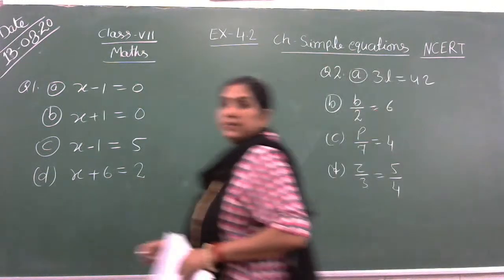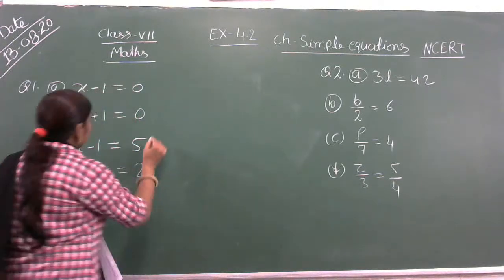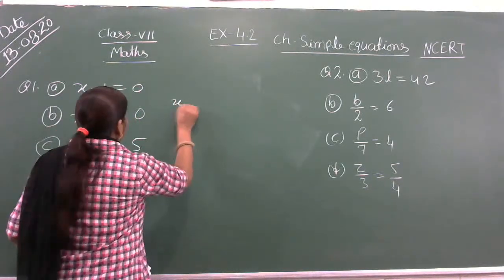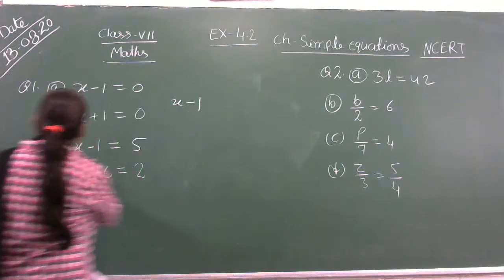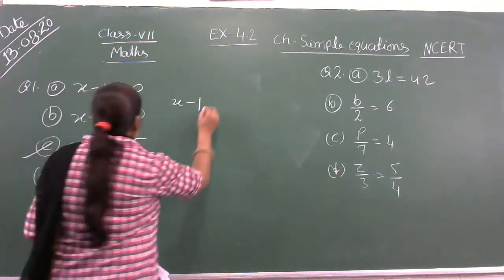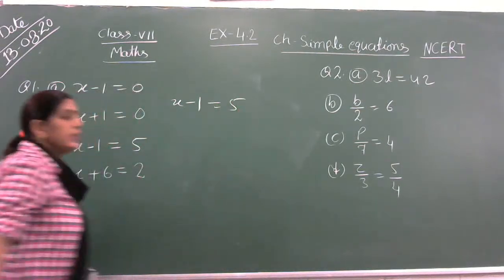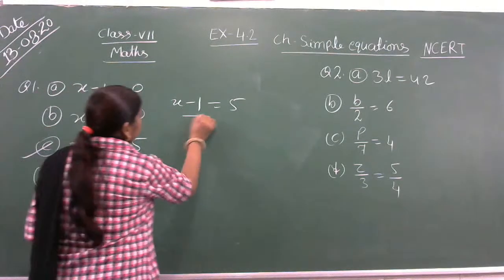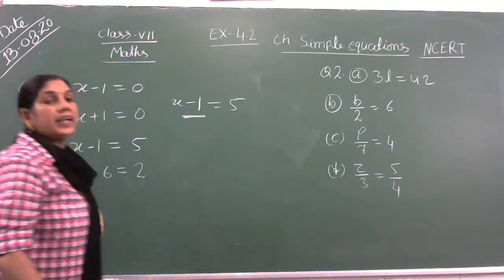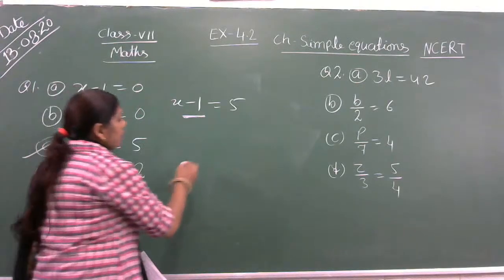Okay, part C. Given here x minus 1 equals 5. Then what is given here? See, given here minus 1. So what will we do?